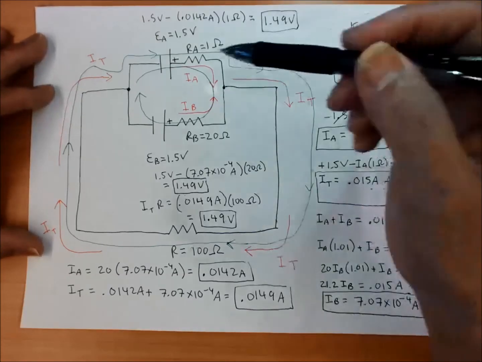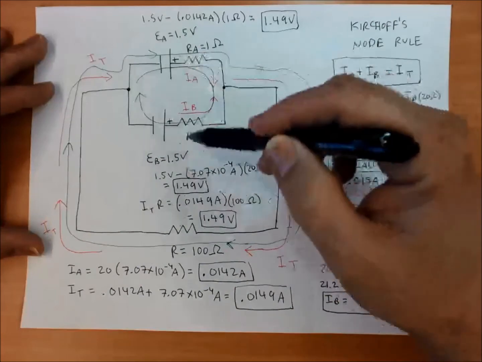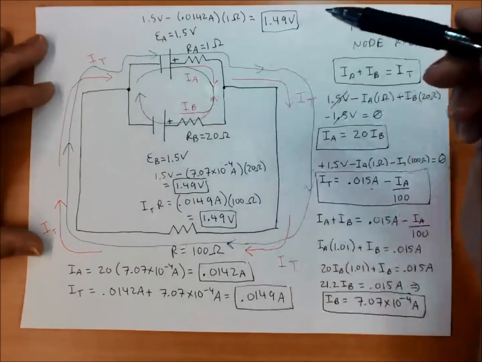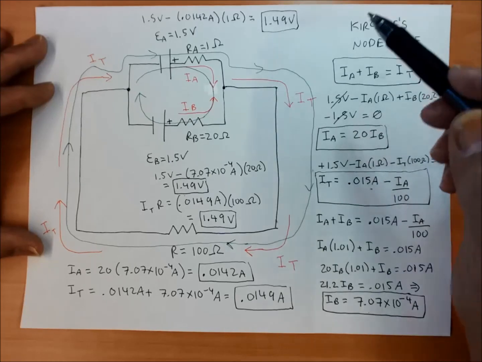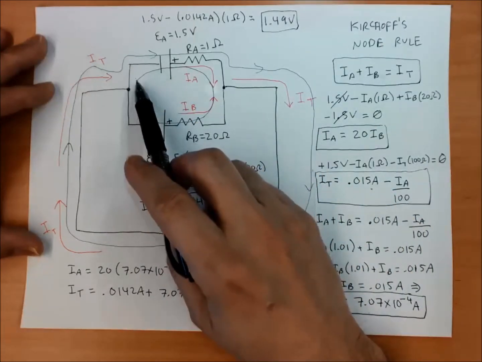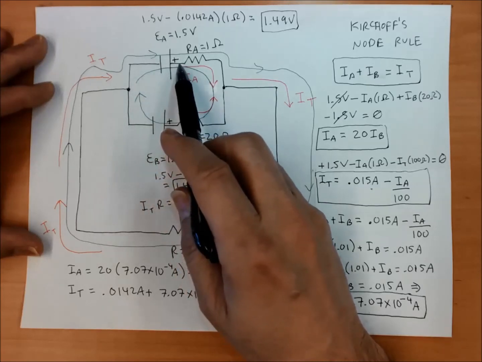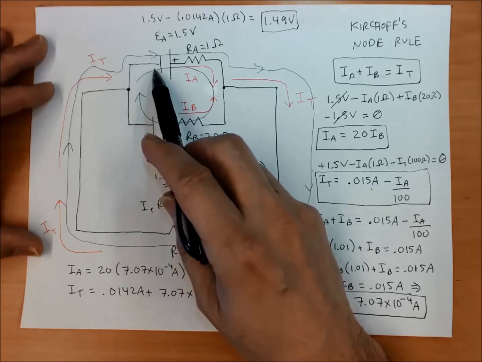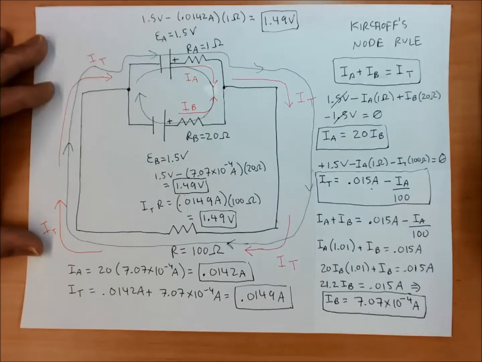In a similar vein, when I'm using the loop rule, it doesn't matter which way I run the loop, either clockwise or counterclockwise. As long as I'm consistent with my rules about my change in voltage will be positive if I'm going across a battery in a direction that takes me from the negative end of the battery to the positive end of the battery, that would be a positive value for my voltage.